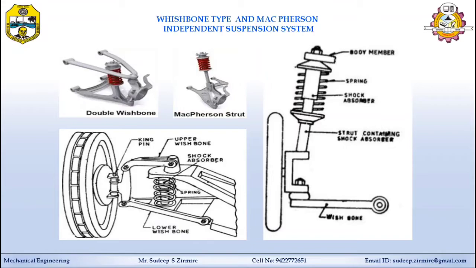Fourth, it also improves the steering precision because wheel movements are not linked in the case of the independent suspension system. And here no solid axle is used, so the engine and the chassis frame can be placed relatively lower, which means the engine position can be moved forward, and this results in more space for the passengers. These are the advantages of the independent suspension system.